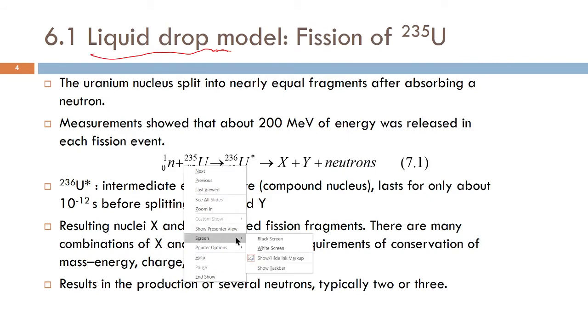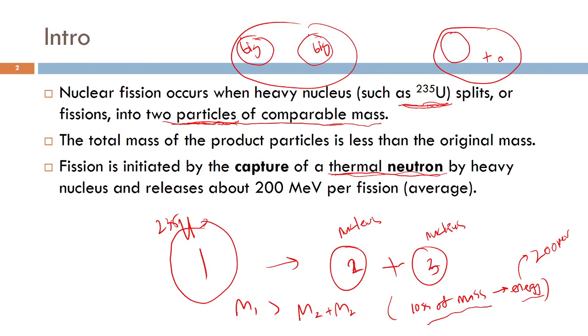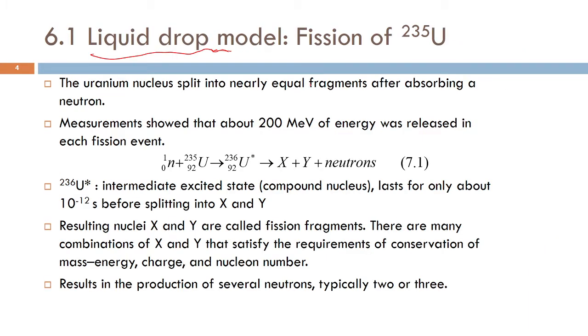It will split into nearly equal fragments. These two, number 2 and number 3, we call fragments. After absorbing a neutron, fission occurs, so you get 2 fragments, and on average producing 200 mega electron volts.